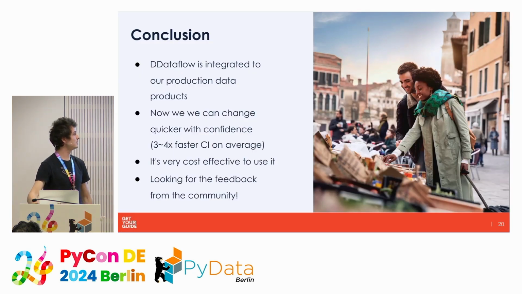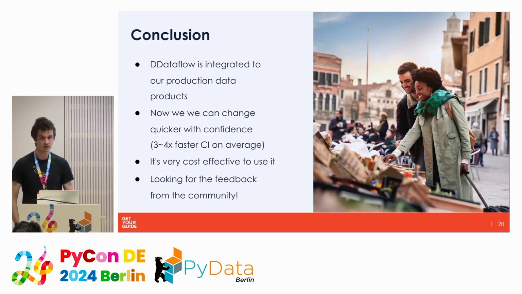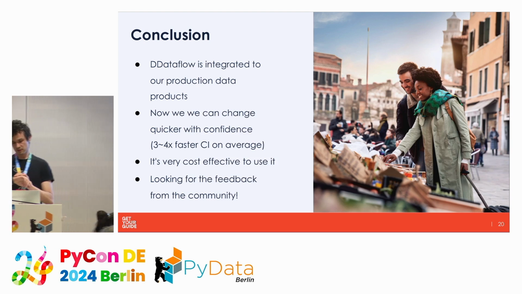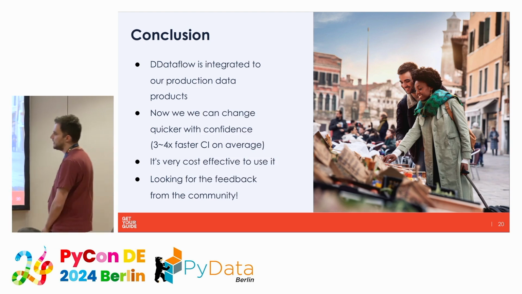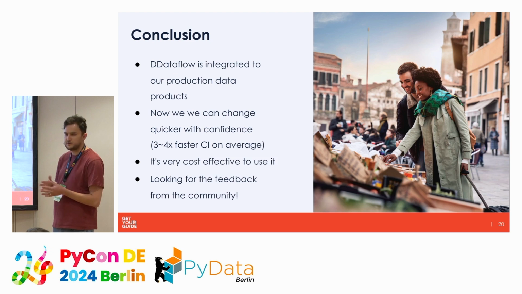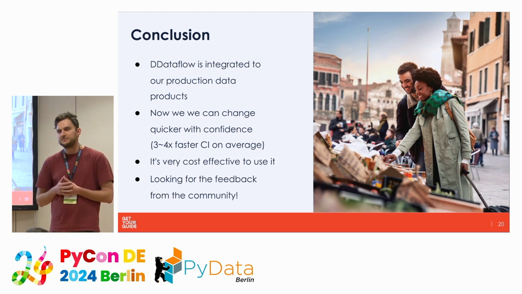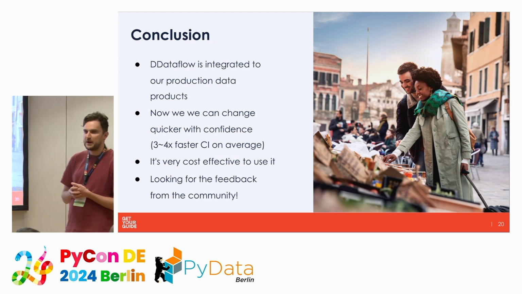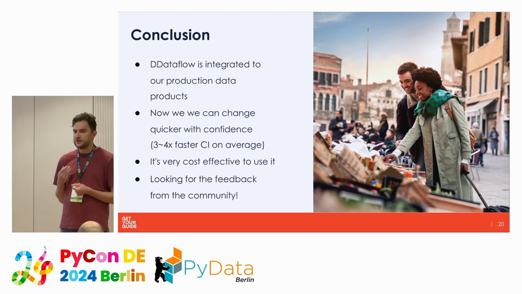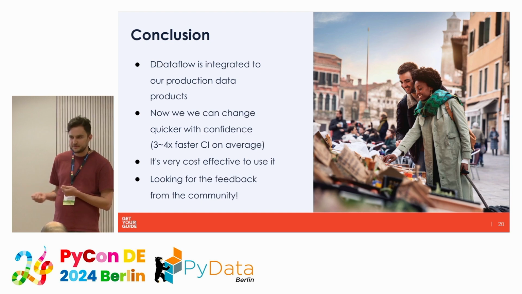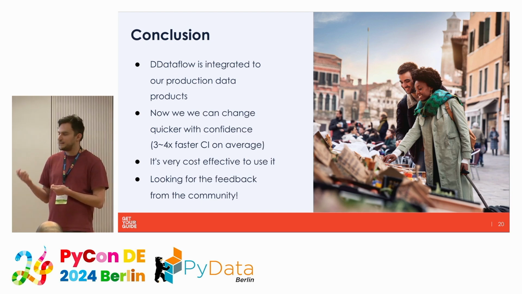Cool. So to wrap up, we have DDataflow integrated in most of our production data products. We find it succeeded in allowing us to change quicker with confidence. We see 3 or 4 times faster pipeline runs on average on these pipelines. It's very ROI, return on investment, positive to add these tests.